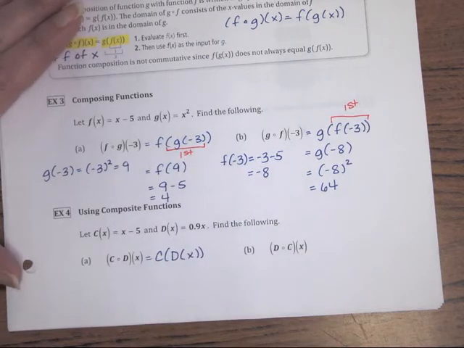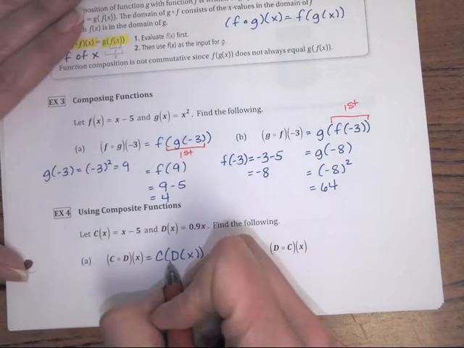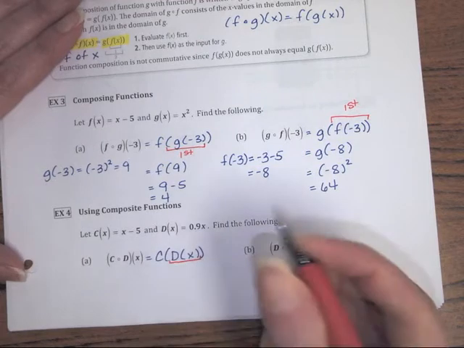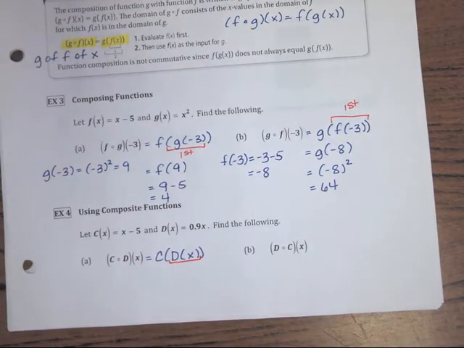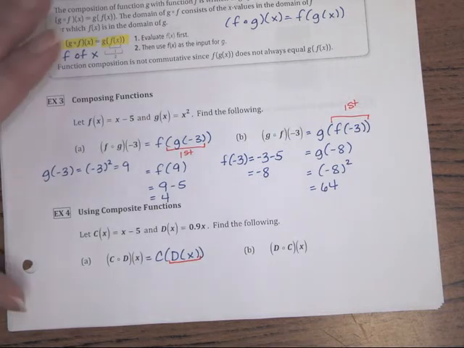I'm going to underline this. This is a little bit trickier. You kind of have to get used to looking at this. What is d of x? If we look at this, isn't d of x 0.9x? Let's substitute it.